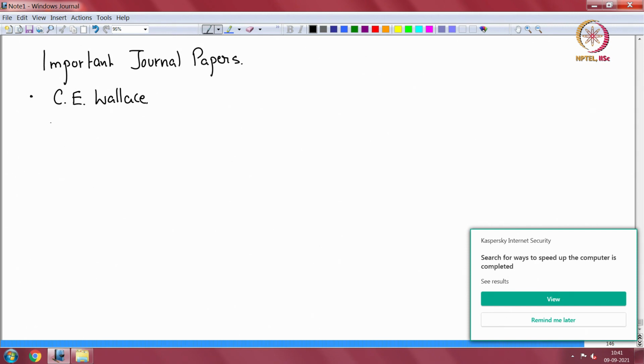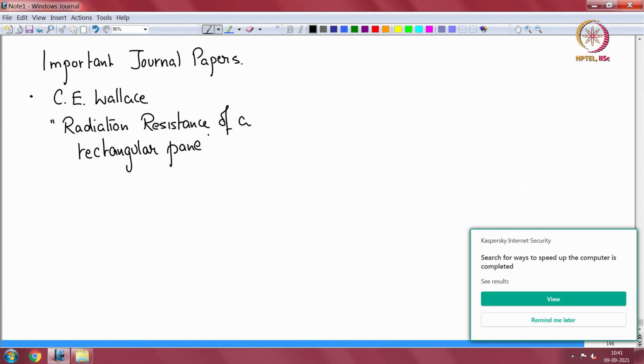The paper title is "Radiation Resistance of a Rectangular Panel," published in 1972 in the Journal of the Acoustical Society of America, Volume 51, part 3.